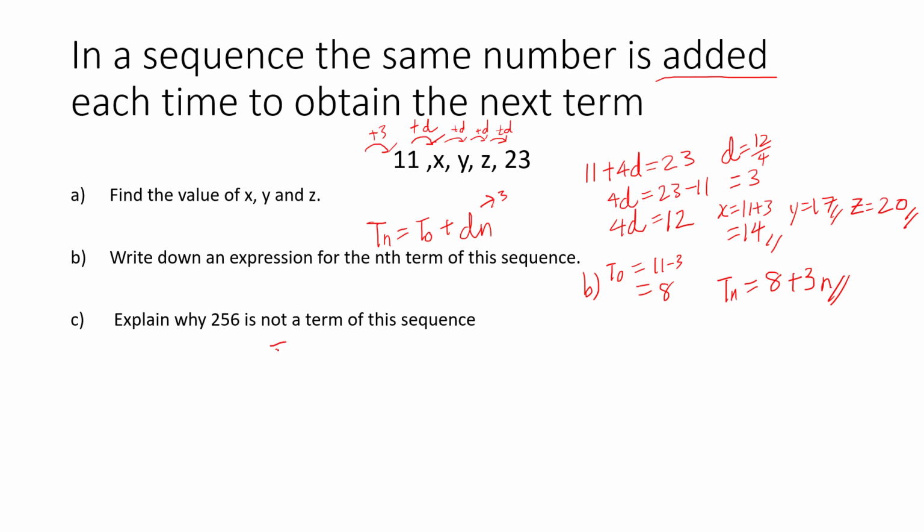So what I want to prove is this: term n is not equal to 256. And term n, which we found earlier, is 8 plus 3n. So let us write down 8 plus 3n is equals to 256. So for this to be true, n will not be a whole number.